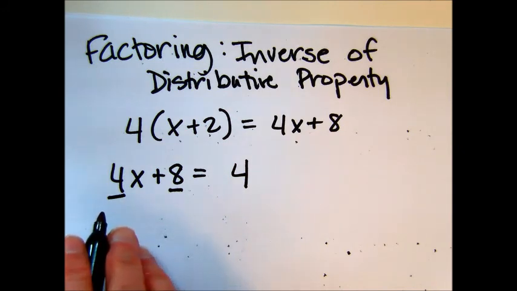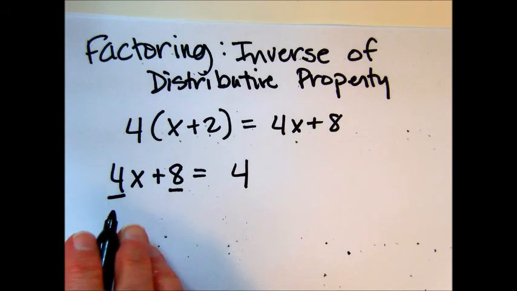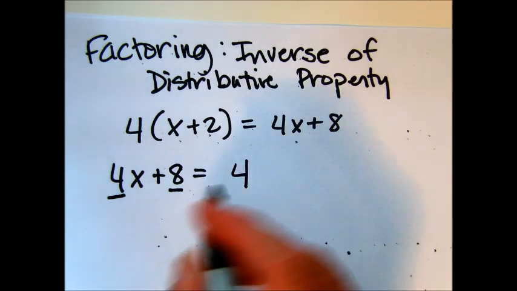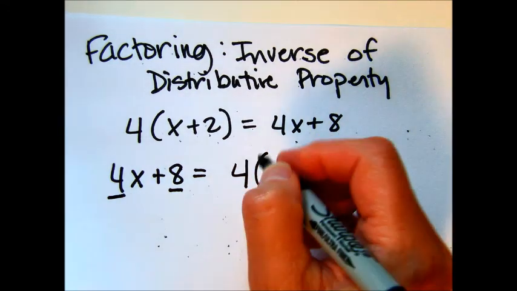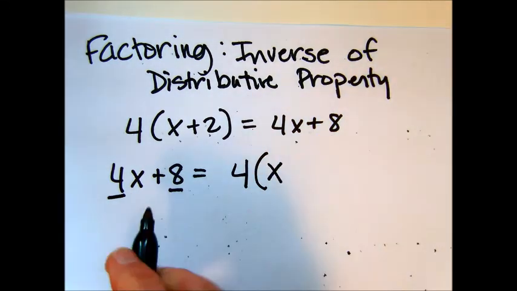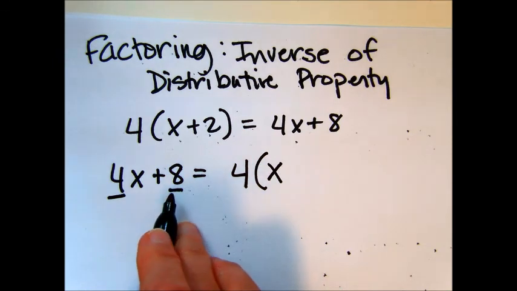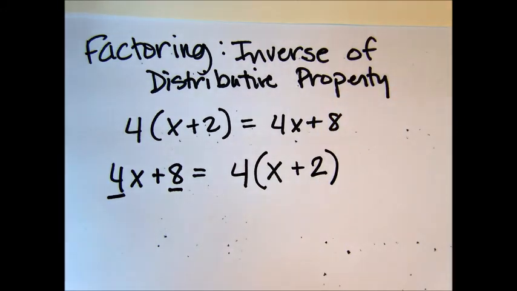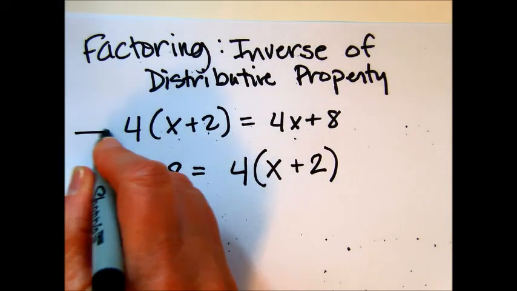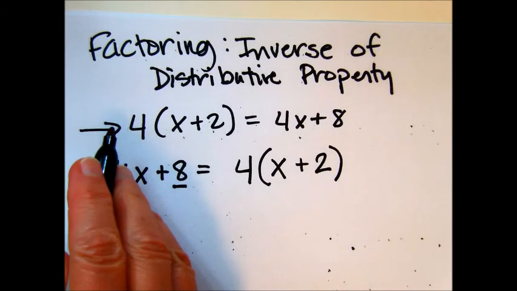But the greatest common factor would be 4. Now, if I divide 4x by 4, I'm just going to have x. And then if I divide 8 by 4, I'm going to get 2. And notice I ended up where I started in that example.